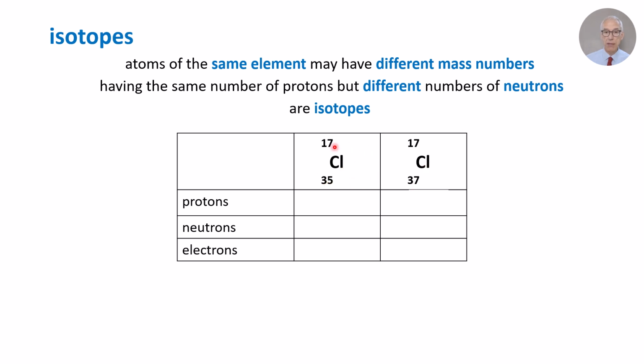They have the same number of protons but different numbers of neutrons. As we will see if we do this analysis, the protons is 17 for both isotopes. The neutrons, 18 for chlorine-35, 17 and 18 makes 35, and 20 for chlorine-37. 17 plus 20 gives us a nucleon number of 37.